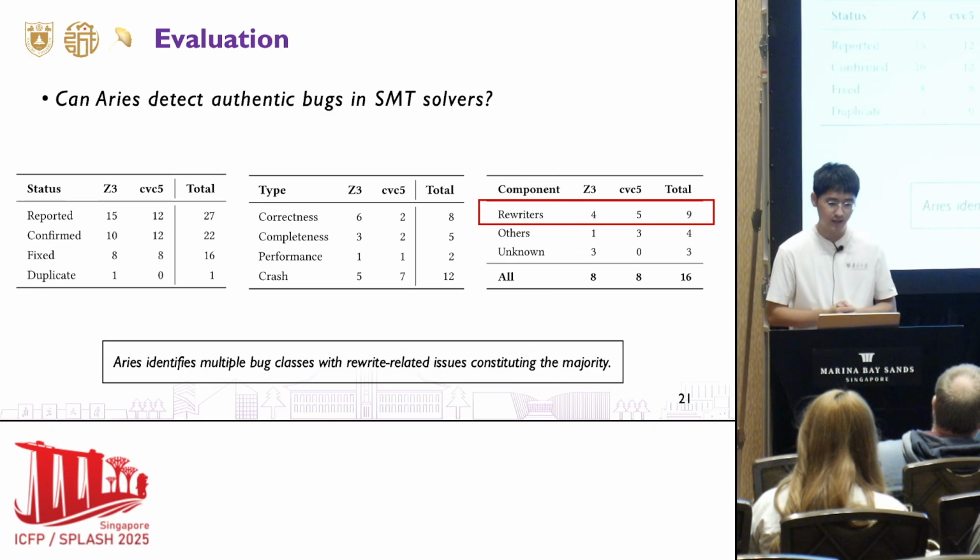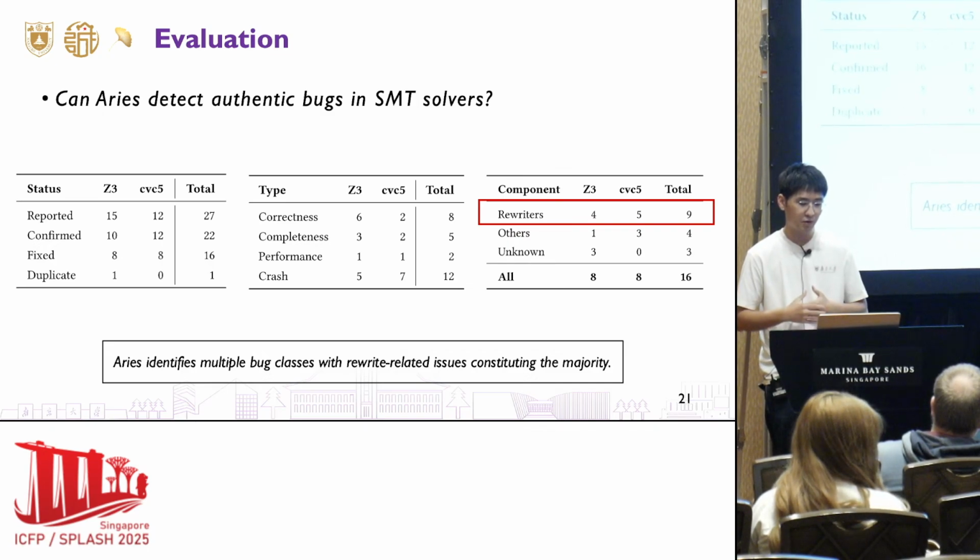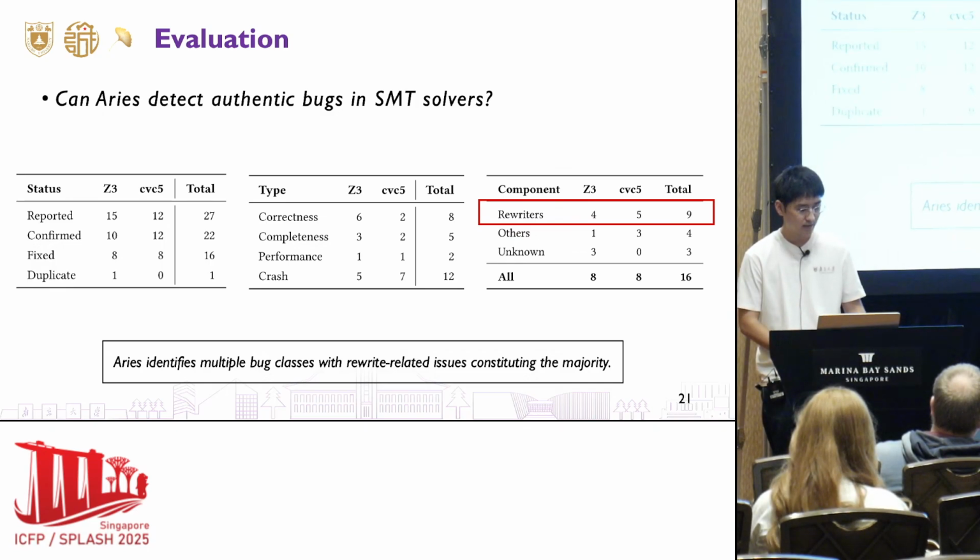Our tool found 27 unique issues, and 22 were confirmed by developers, and more than half have already been fixed. These issues covered correctness, crashes, completeness, and performance. By checking developers' fixes, we confirmed that most of the issues were indeed rewrite-related. This showed our method effectively targets the rewriter.